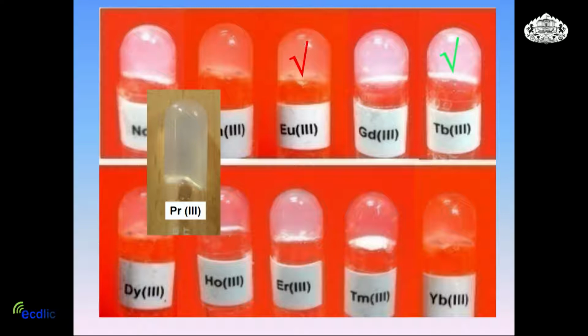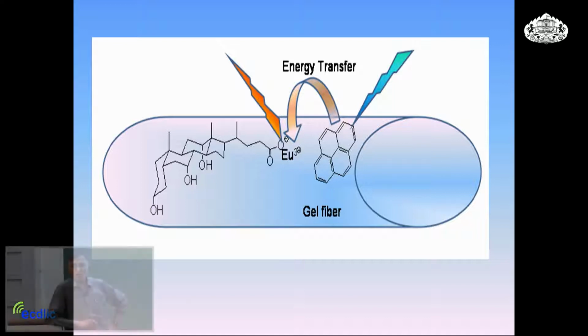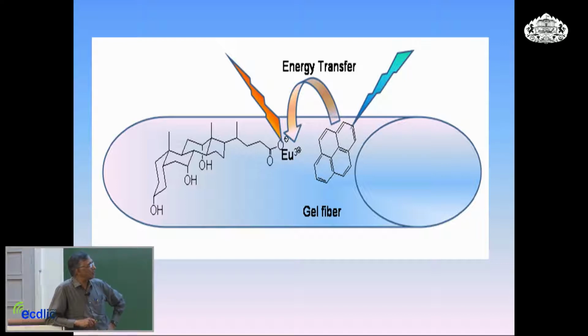So these are very common lanthanides, and we thought that we will now make a gel with, let's say, europium cholate and add a non-covalently bound sensitizer and see whether this energy transfer happens. So this was again a shot in the dark.